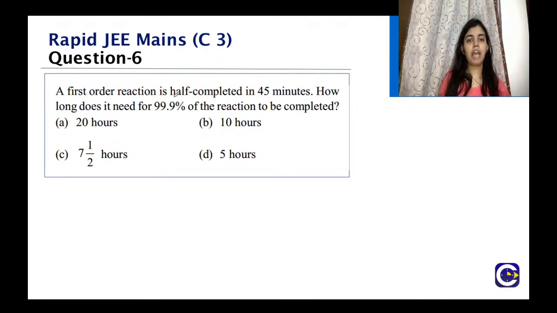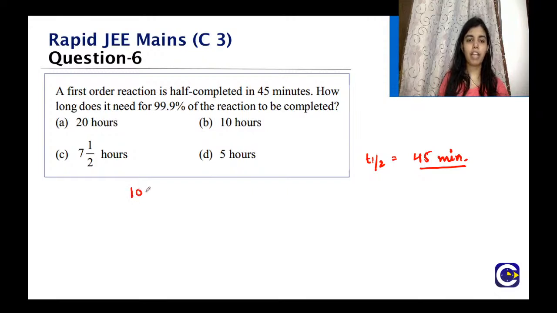A first order reaction is half completed in 45 minutes. That means half-life of that first order reaction is how much? 45 minutes. How long does it need for 99.9% of the reaction to be completed? Right. Now 99.9% of the reaction is completing means what?